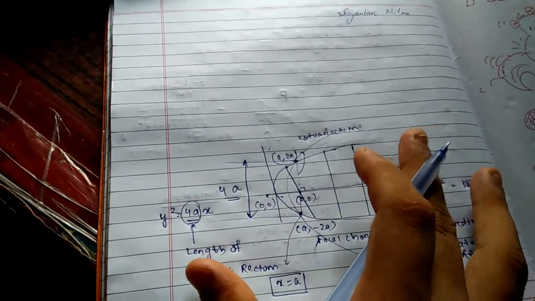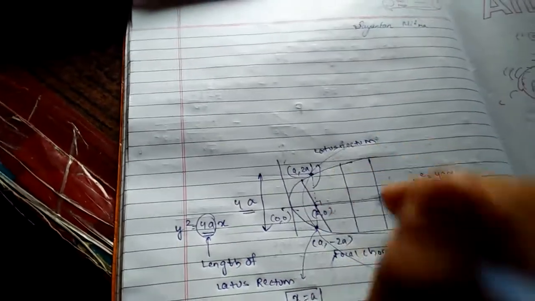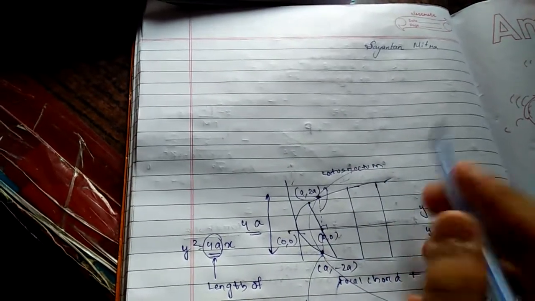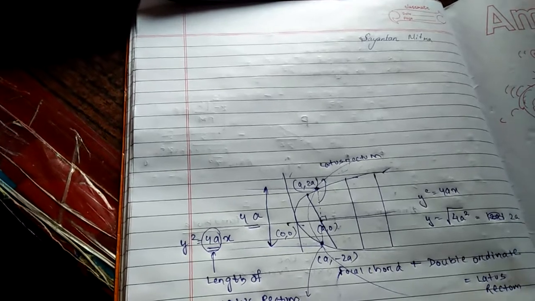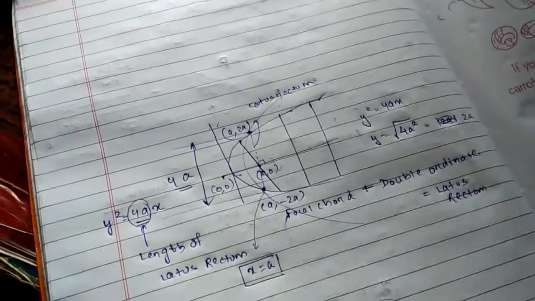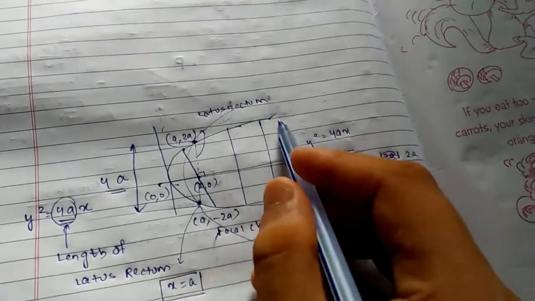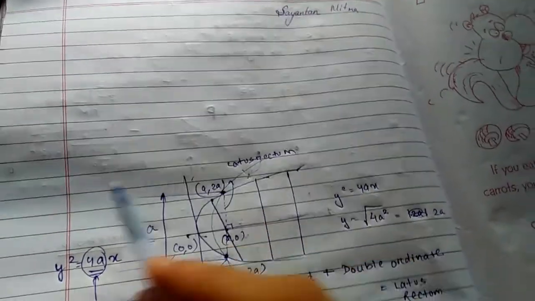Then this parabola and this parabola are equal. You can say this parabola should overlap with that parabola. So the simple thing is that they are equal.